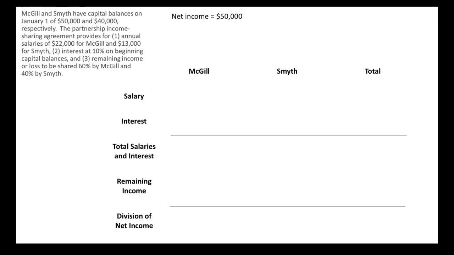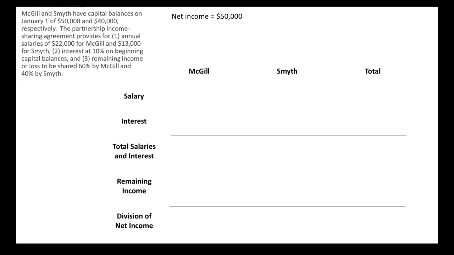Then we have our remaining income portion that we'll add or subtract to then find our division of net income. So this is going to be the setup that you're going to be using for your division of net income for a partnership, right? We just write the salary, interest, total salaries and interest, remaining income, and division of net income. Those are the pieces that you'll need to know.